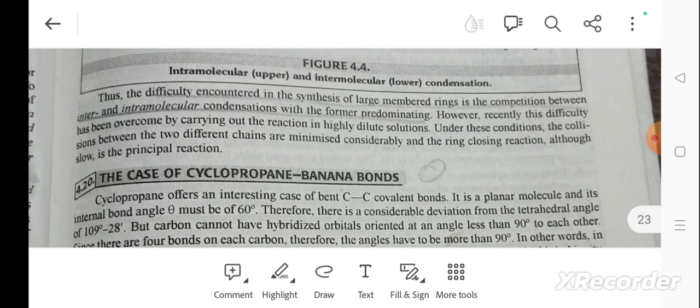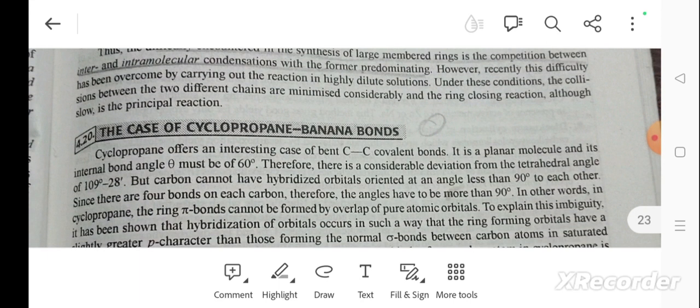This explains the difficulty encountered in the synthesis of large rings, as competition between intermolecular and intramolecular condensation occurs, with the former predominating. However, recently this difficulty has been overcome by carrying out the reaction in highly dilute solution. Under this condition, collisions between two different chains are minimized, and the ring closing reaction, although slow, is the principal reaction.